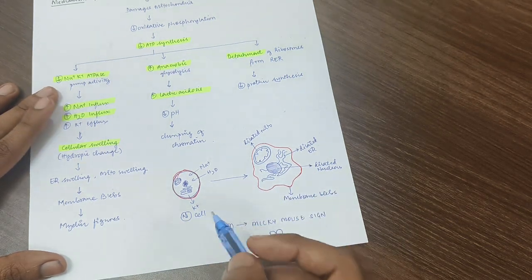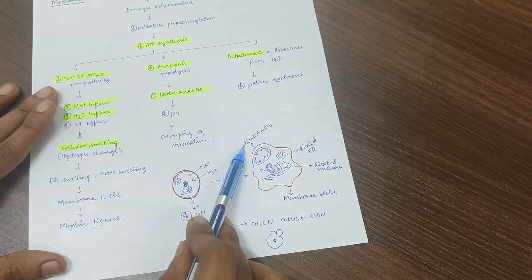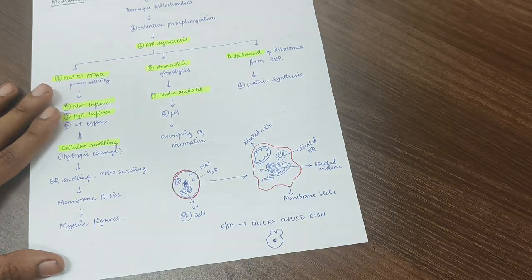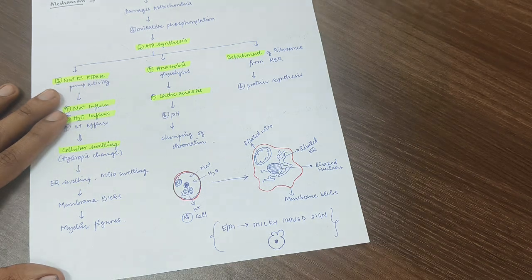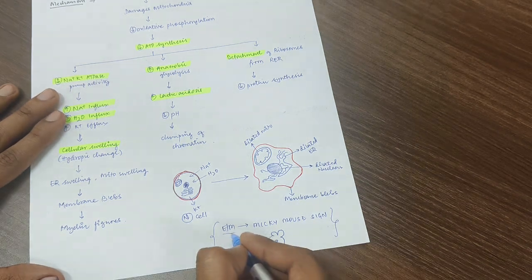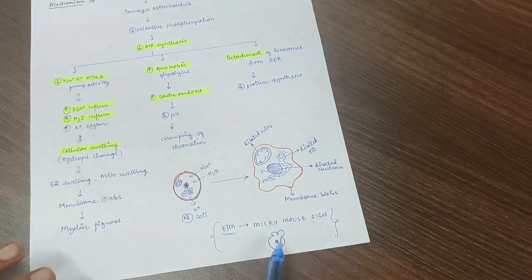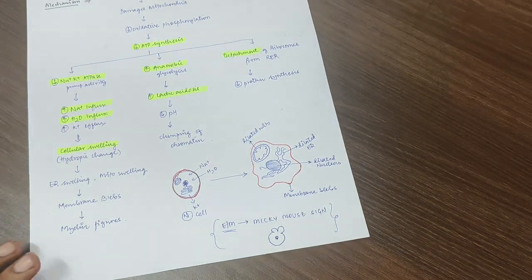The cell organelles and cellular components will get dilated, like dilated mitochondria, dilated endoplasmic reticulum and dilated nucleus. This is called the Mickey Mouse sign. In electron microscopy, this will look like a Mickey Mouse sign. And clumping of chromatin. Remember, this is clumping of chromatin.